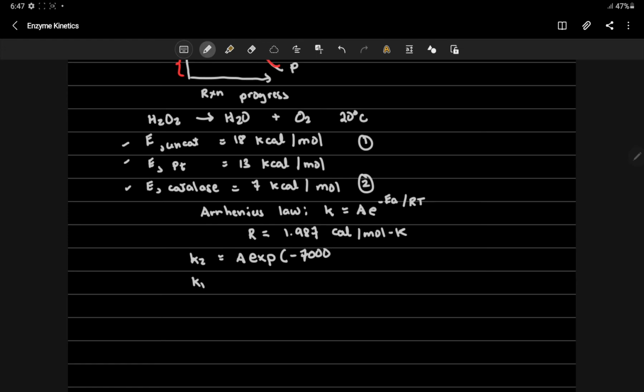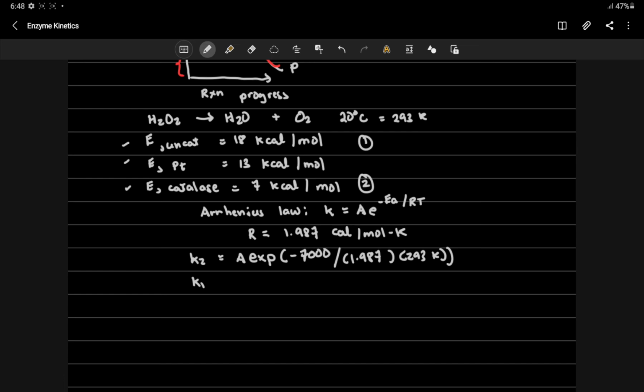Okay? Divided by R, which is 1.987, and T. And the temperature here is 20 degrees Celsius. That's also equal to 293 Kelvin. If we're going to check, magiging consistent naman tayo sa dimensions or sa units. Because 7,000 is in terms of calories and your gas constant is naka-calorie rin siya, and then your temperature is in Kelvin. So that's for K2.